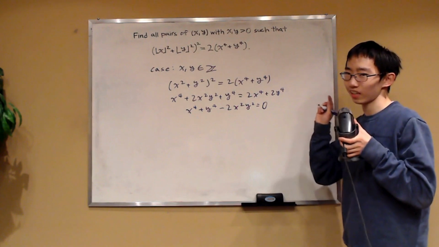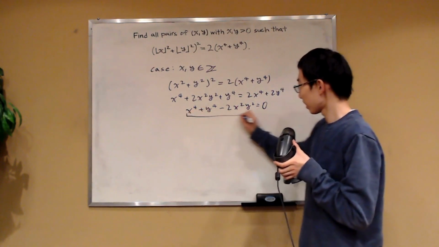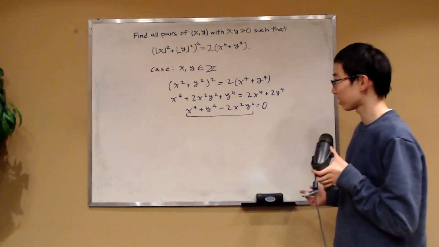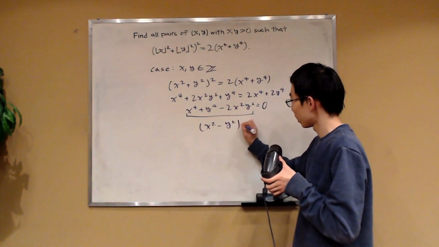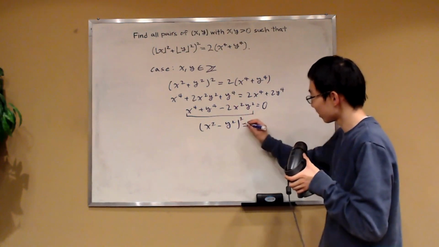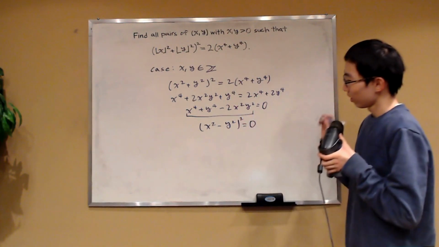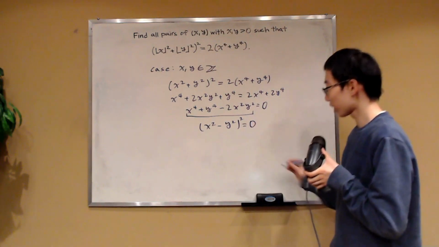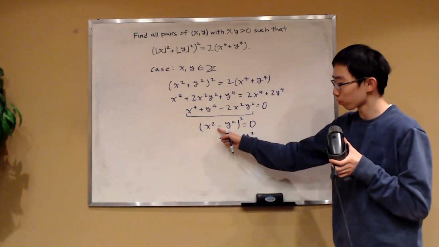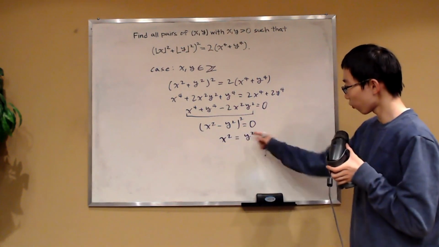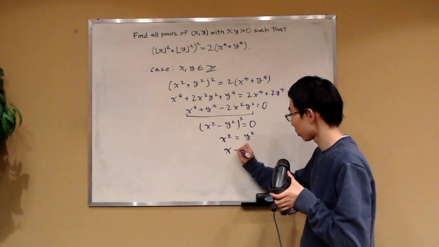And would you look at that? This side is just a binomial squared. It's just equal to (x squared minus y squared) all squared, and then this is equal to 0. Now, because of this, we can deduce that x squared is equal to y squared, because this inner part also has to be 0. And therefore, taking the square root, we get x is equal to y.